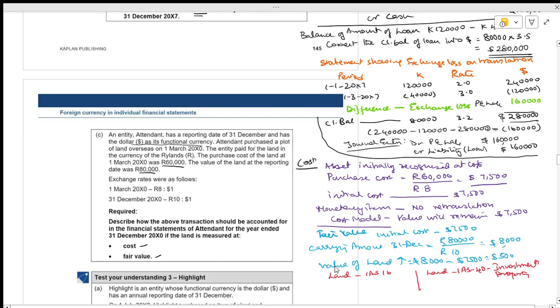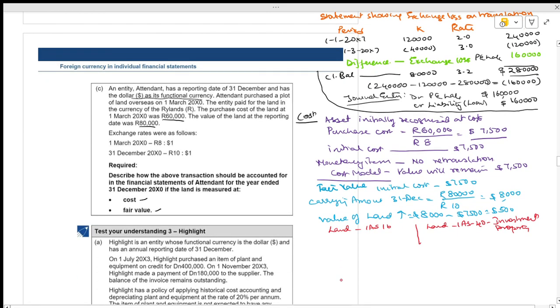If the land is held as per IAS 16, then the gain will be shown in other comprehensive income. If the land is held as per IAS 40, the gain will be reported in the profit and loss account.